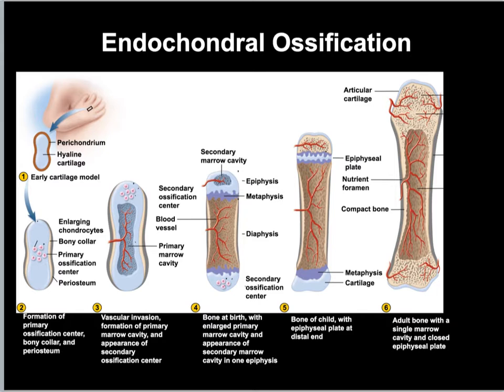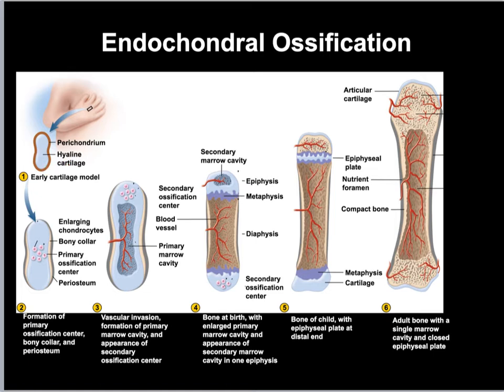The perichondrium is a layer of chondroblasts. Chondroblasts make cartilage. And also an extra connective tissue layer. It's a dense, irregular connective tissue. It's very similar to the periosteum. It's just for making cartilage instead. So you start off by making your hyaline cartilage sac.